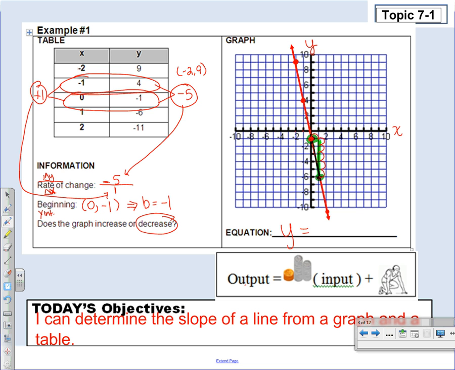It changed. We have our change. It changes by negative 5 over 1. My input is the x, and we began at a negative 1. Instead of writing the change as a fraction, you could just have negative 5 and then x minus 1. So from our graph, we were able to determine our rate of change and also our beginning.